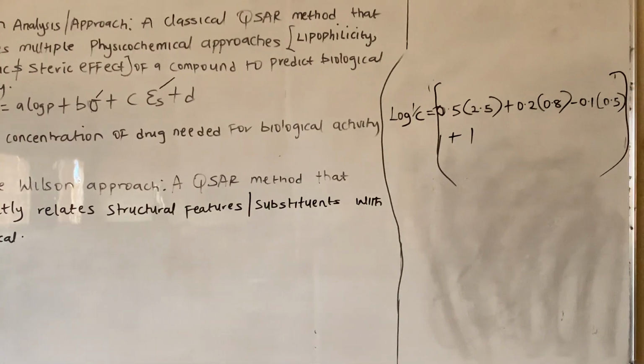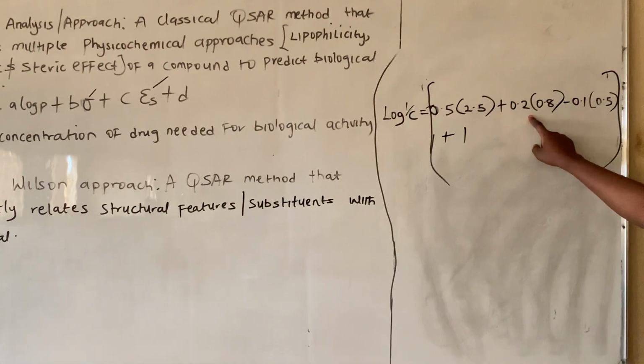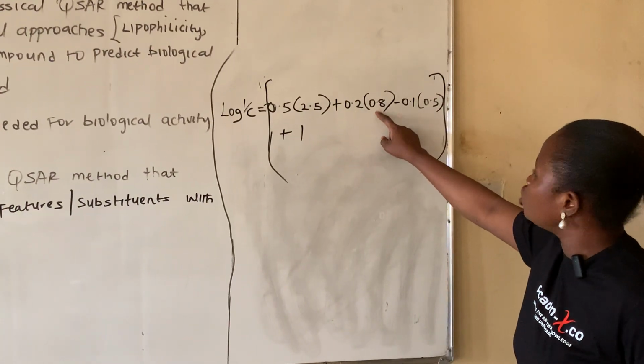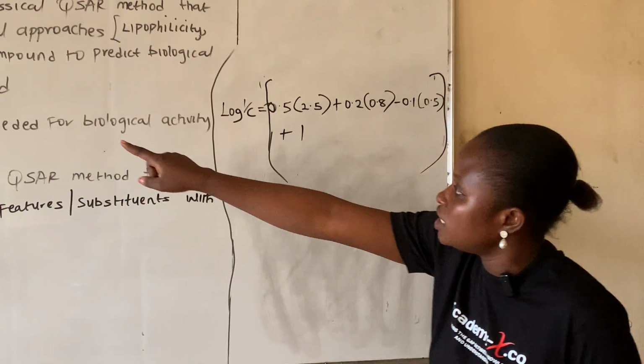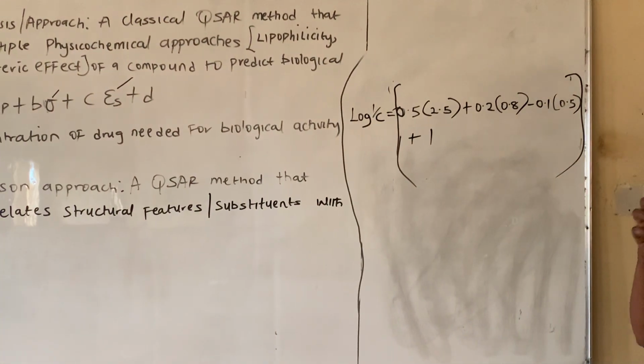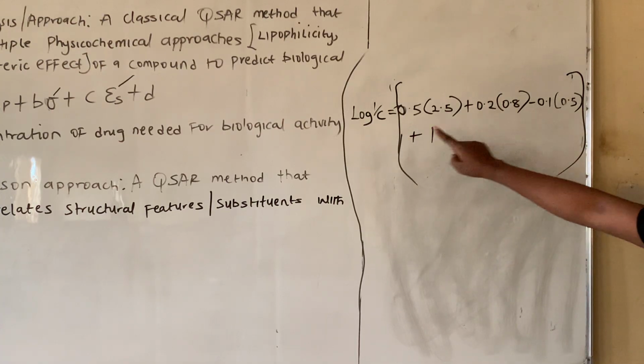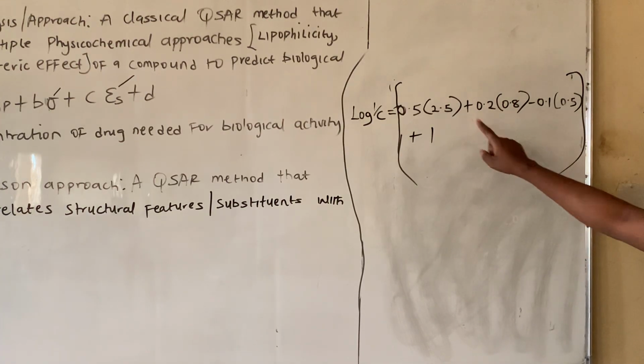So if you get 0.2, looking at 0.2 here, we have this 0.8 shows the contribution of the electronic effect. So that means that there is actually a positive relationship between electronic effects and biological activity.